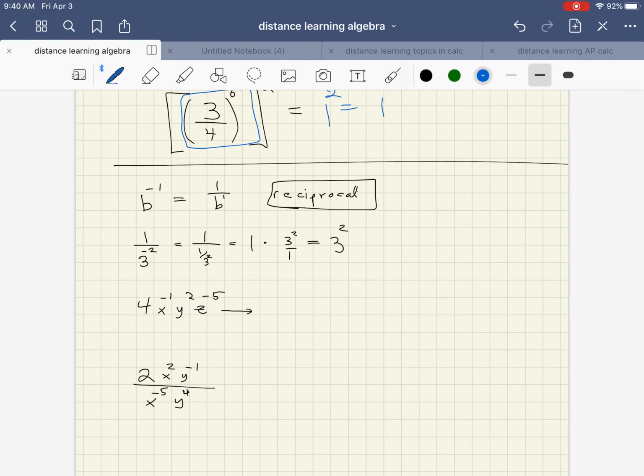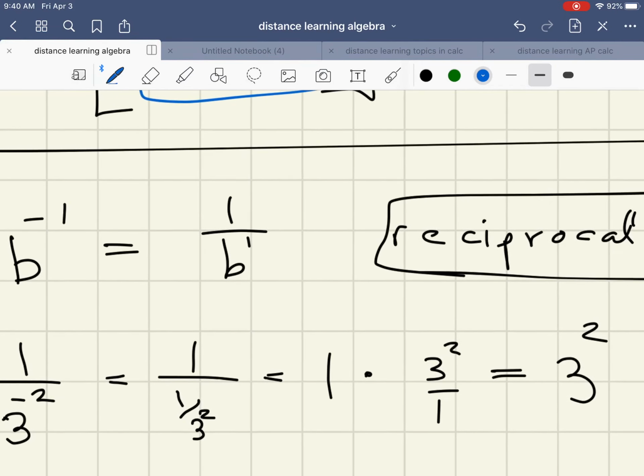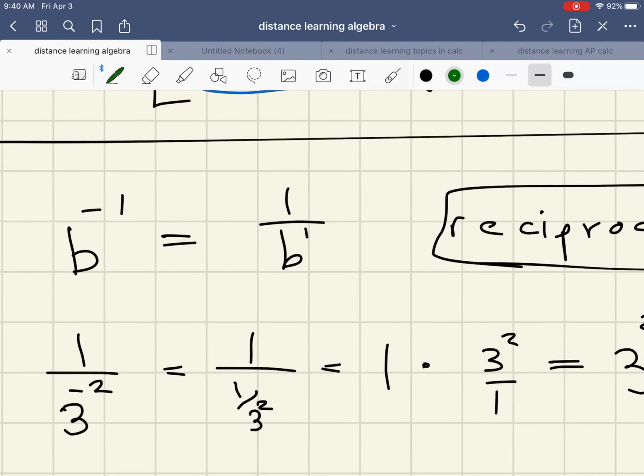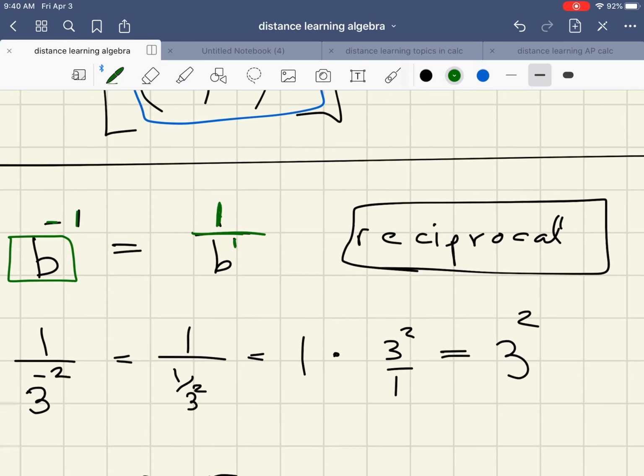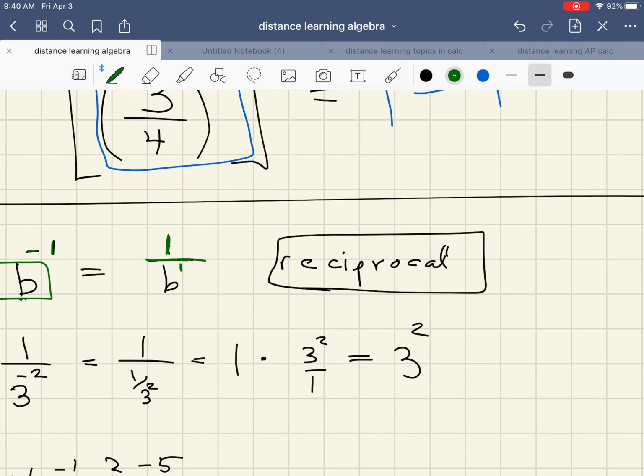So let's talk about negative exponents. Negative exponents essentially would be like taking the reciprocal. So b to the negative 1 is the same as 1 divided by b to the first power. I like to think about all these exponents as fractions.